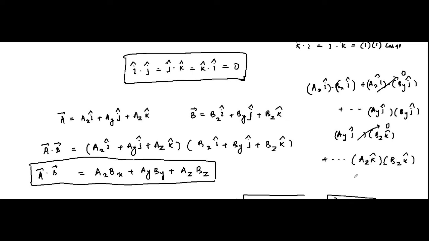So that's why we deliberately chose those components which have the same common unit vectors. For i cap we have ax bx, j cap we have ay by, k cap we have az bz. Only we picked those components and we got the result. Just to clarify, I did this so that there is no confusion. So here we discussed dot product associated with unit vectors.